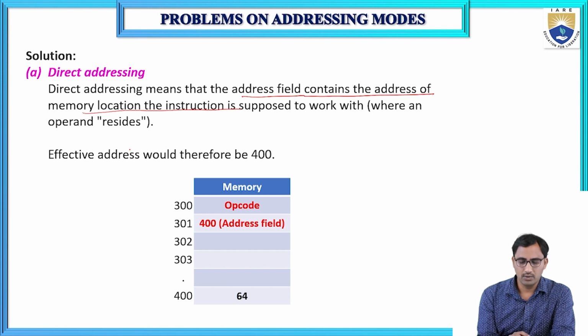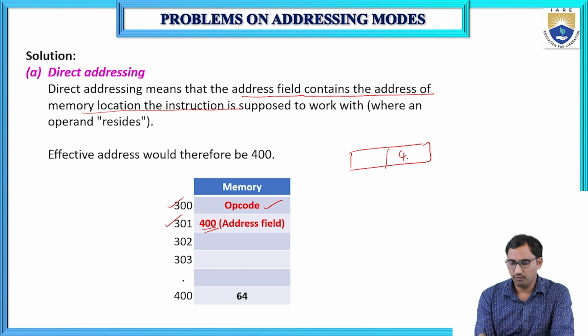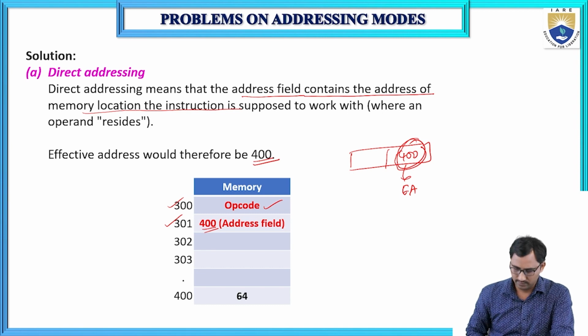The opcode is stored at location 300, the operand at 301, and in the address field we have 400. So 400 is the effective address of the operand, because it is mentioned in the address field.